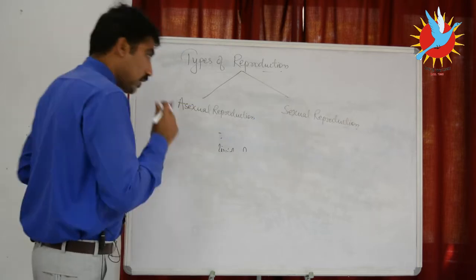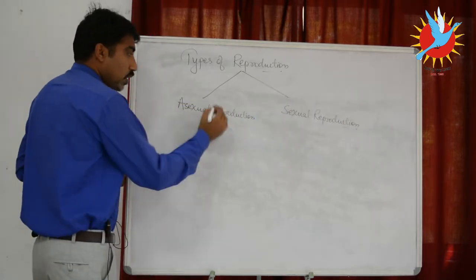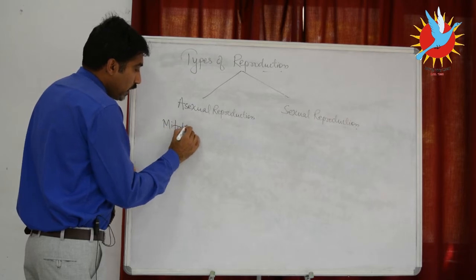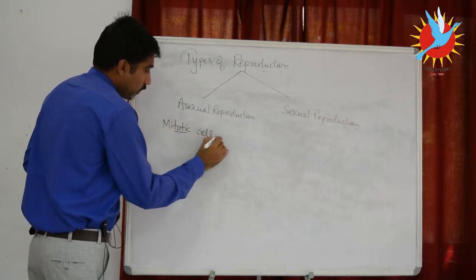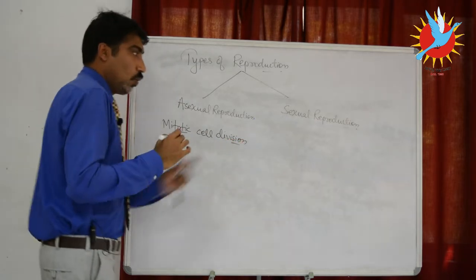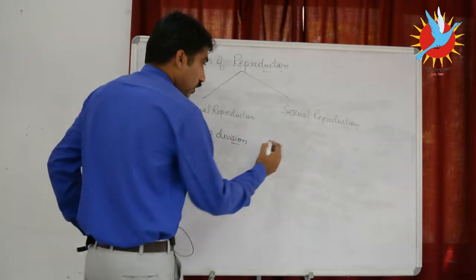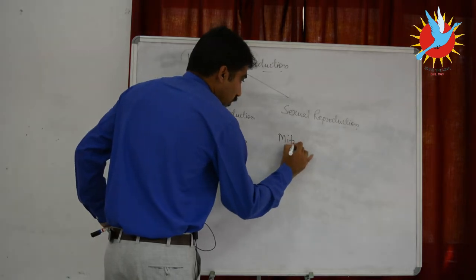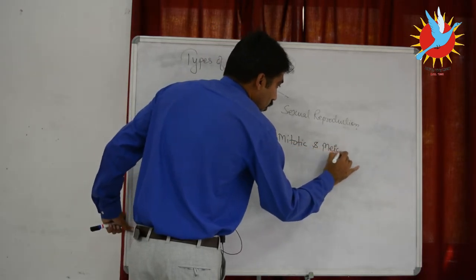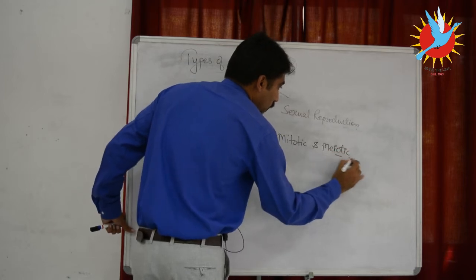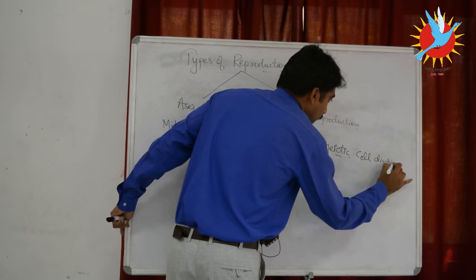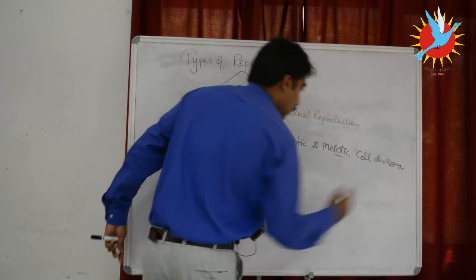Next difference, the third difference, is that during the asexual reproduction, only mitotic cell division occurs, while during the sexual reproduction both mitotic as well as meiotic, both types of cell divisions are involved.